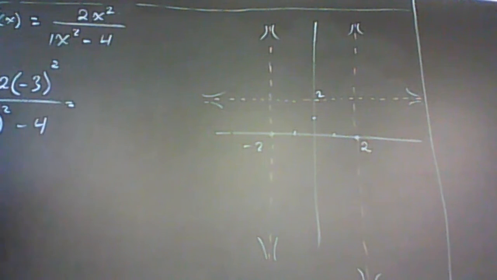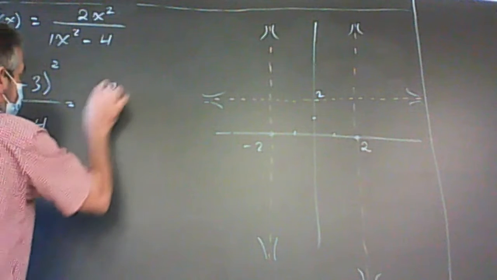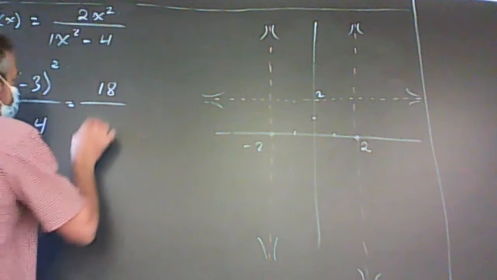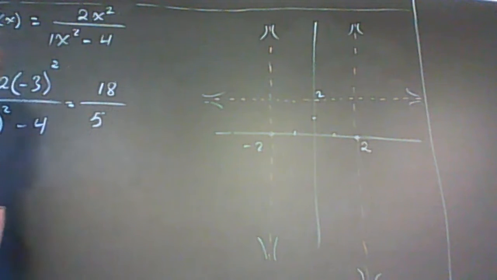So that is equal to... -3 squared, that is 9. Correct? 9 times 2 is 18. On this bottom one, we have -3 squared is 9. Yes? And 9 minus 4 is 5. So far, so good.